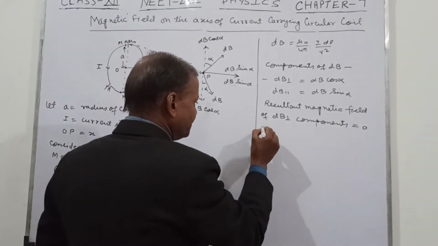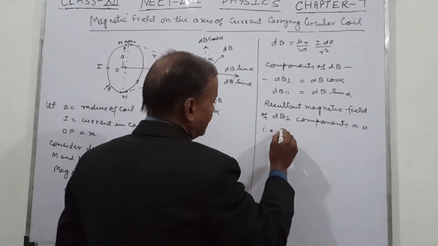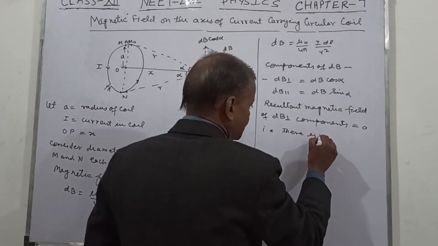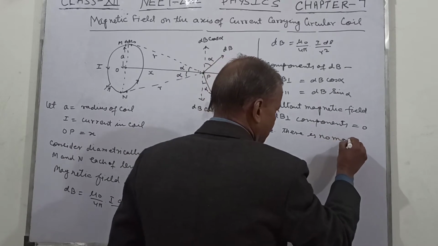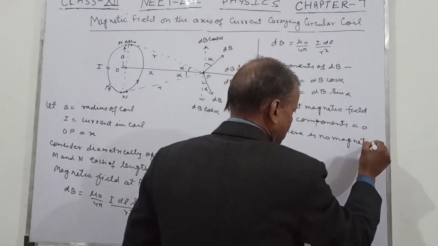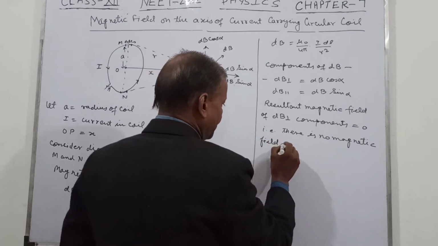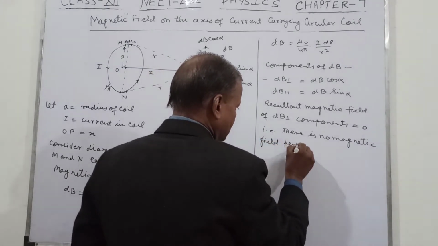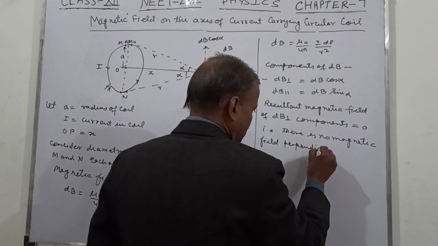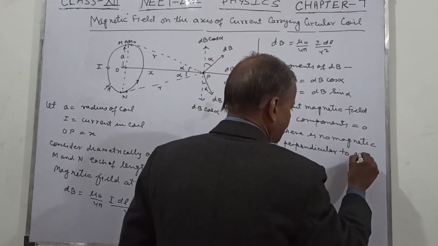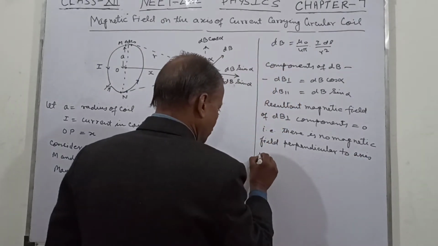It means there is no magnetic field perpendicular to axis of coil.